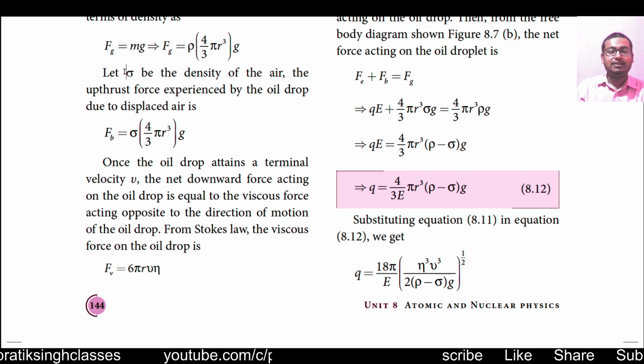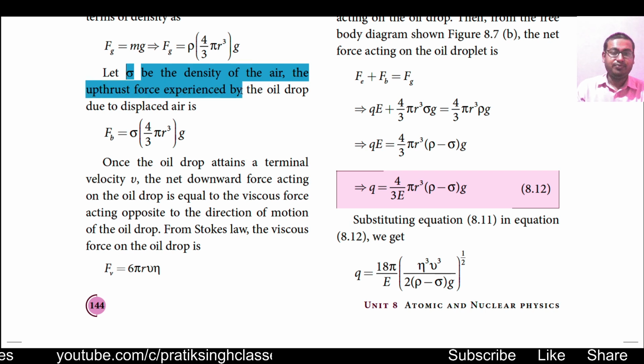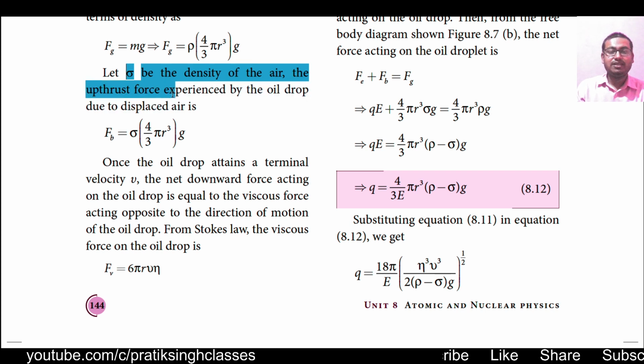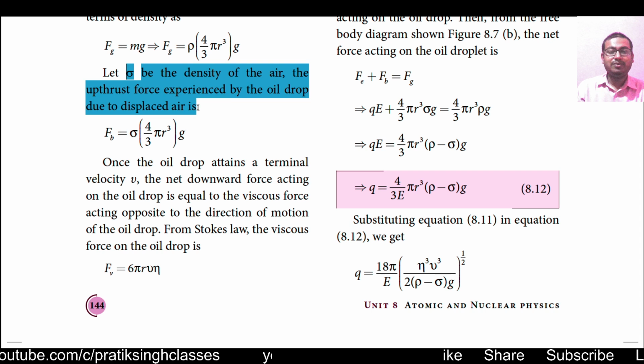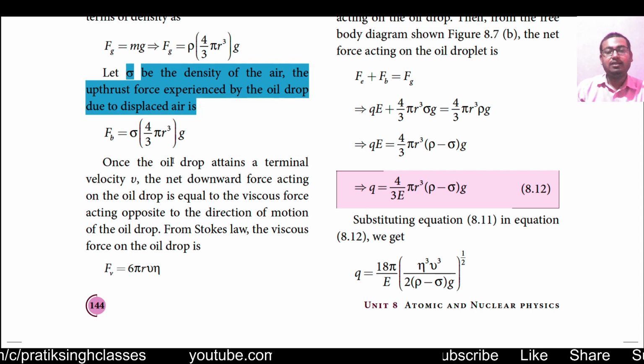Let sigma be the density of air which is trapped between the plates A and B, and it gives the upthrust. The upthrust force experienced by the IL drop due to displaced air is given by Fb is equal to sigma into 4 by 3 pi r cube into g.